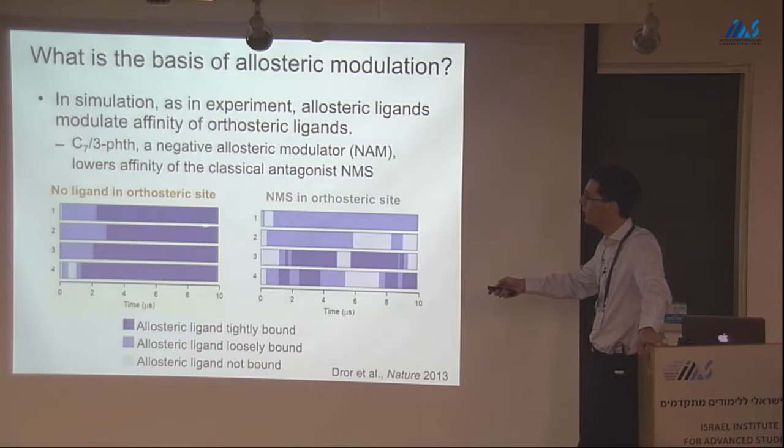You can see that each of these ends up with a ligand bound and it just stays bound. On the other hand, when NMS is present in the orthosteric site, C7 sometimes still reaches its canonical bound pose, shown here in dark blue, but it doesn't stay there. It shifts to a different pose or comes off the receptor entirely. So we can see the negative cooperativity that's observed in an experiment.